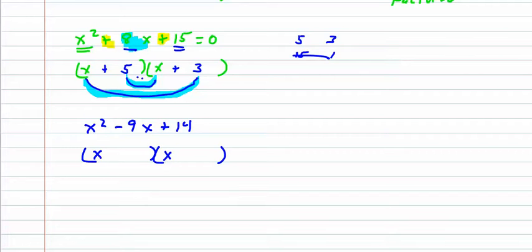Because this is positive, both numbers need to be positive or both numbers need to be negative. Since this is positive and this is negative, both numbers are going to be negative. What gives us 14? 7 times 2. And now we check. Minus 7x minus 2x is minus 9x. It's what we want. We're done.